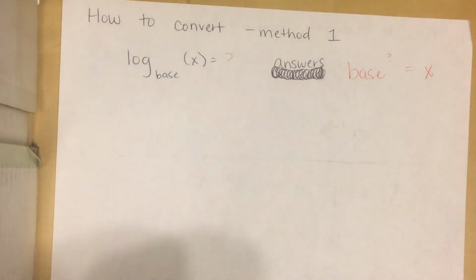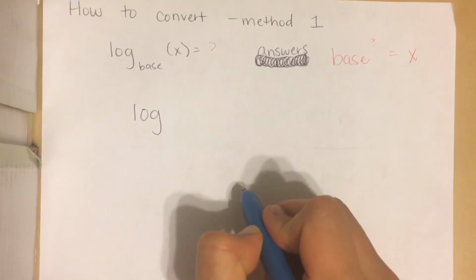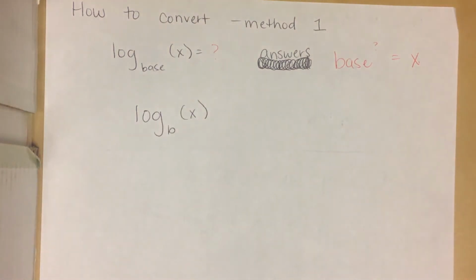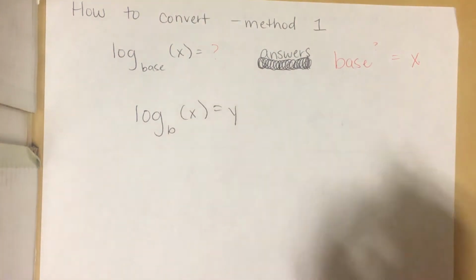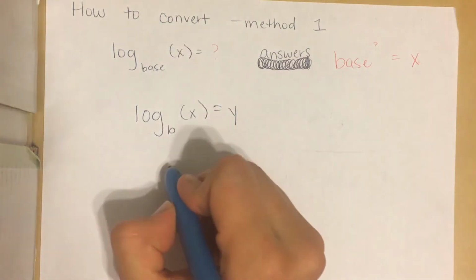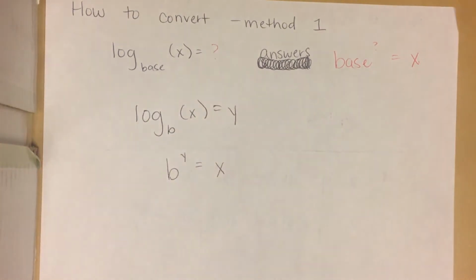So the background information in this idea is that if you have something like log base b of x equals some y value here, you can rewrite it as your base to what power y would give you that x.